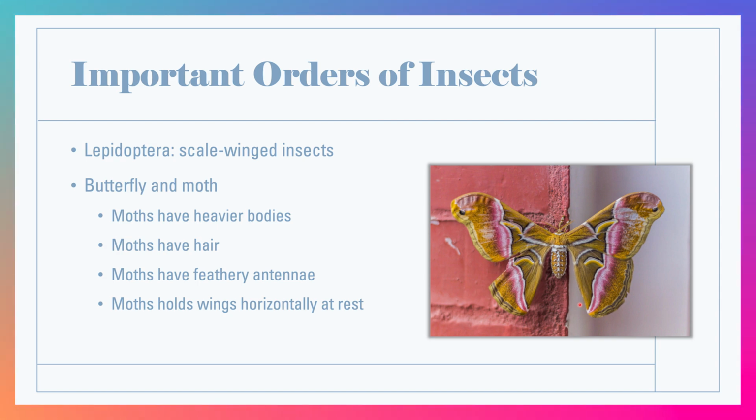And they hold their wings horizontally at rest, which is what you can see here. And moths are nocturnal. So these various characteristics help you tell the difference between moths and butterflies: the heavier bodies, hair, feathery antennae, horizontal wing placement at rest, and generally nocturnal.